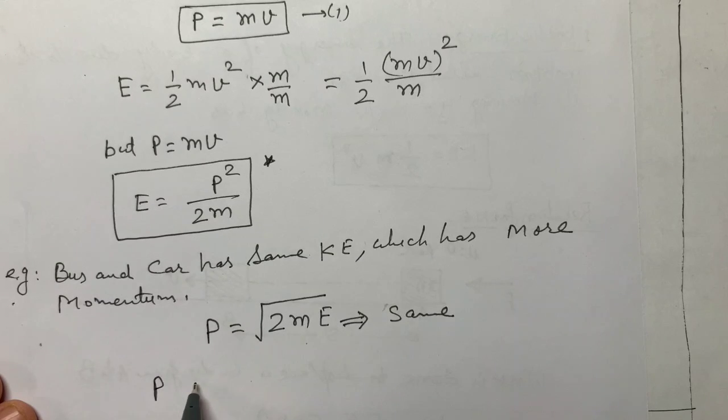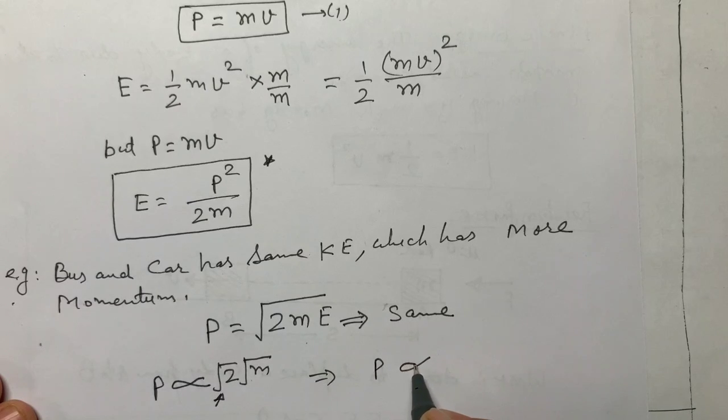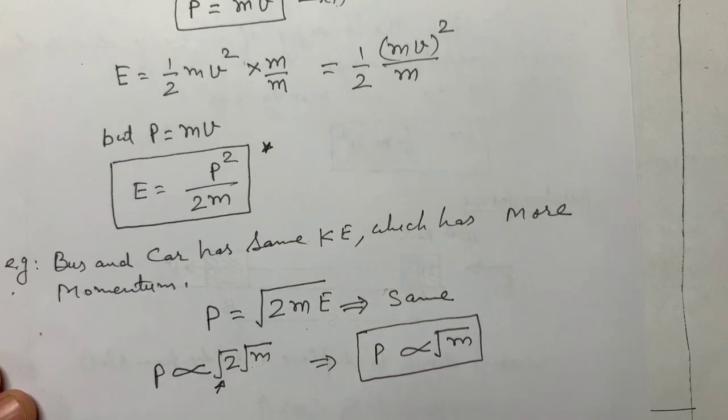So we can say that momentum is directly proportional to root of 2m. Root 2 is also a constant, so momentum is directly proportional to the root of mass. Means more mass, more momentum.